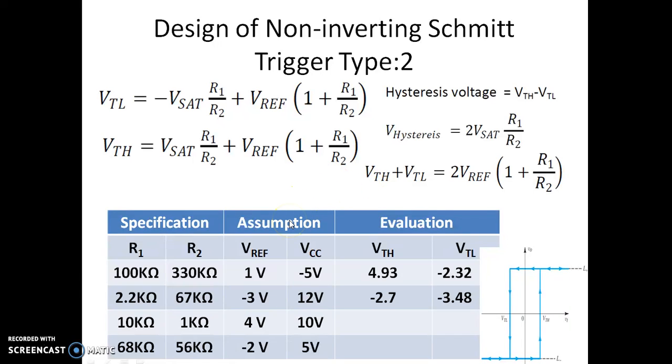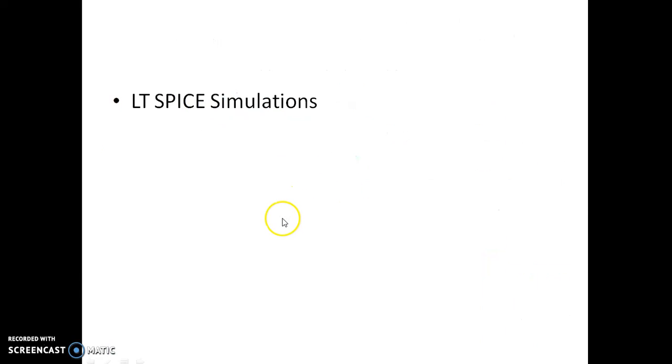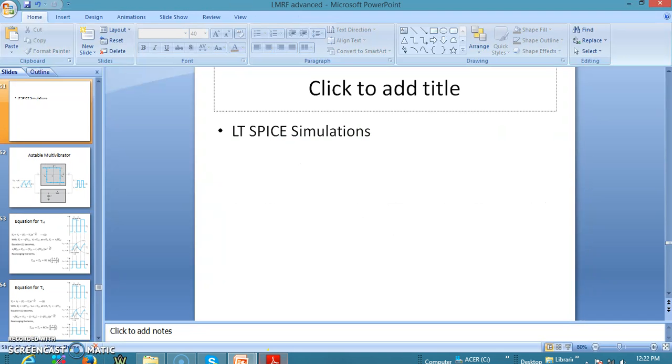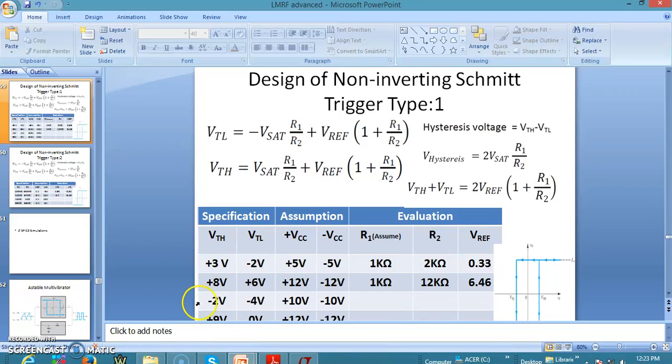So let us verify the non-inverting Schmitt trigger by LTspice simulation. Let us consider the simulation of the first example, where we are supposed to get a VTH of 3 volt and VTL of minus 2 volt.